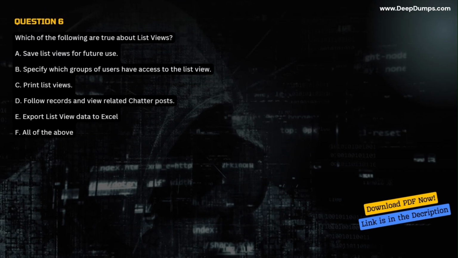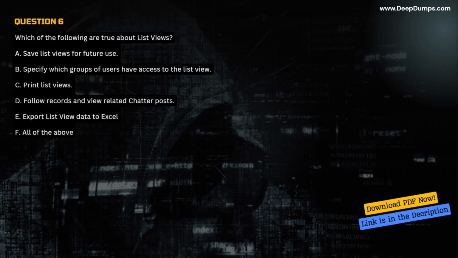Question 6. Which of the following are true about list views? A. Save list views for future use. B. Specify which groups of users have access to the list view. C. Print list views. D. Follow records and view related Chatter posts. E. Export list view data to Excel.